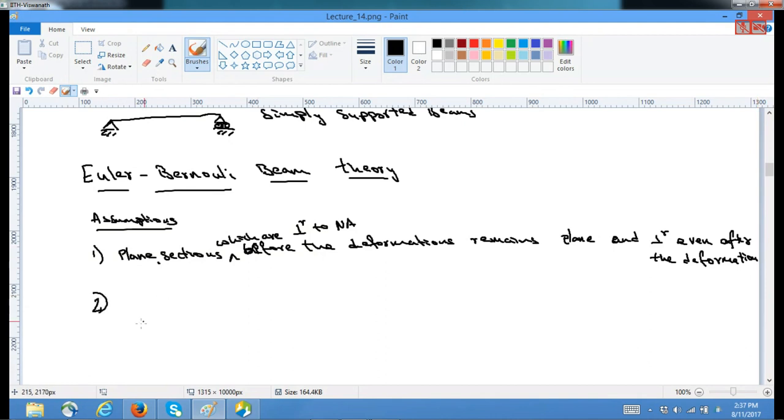The second thing is quite common. What is the neutral axis? Neutral axis is defined as our neutral plane and whose length remains.